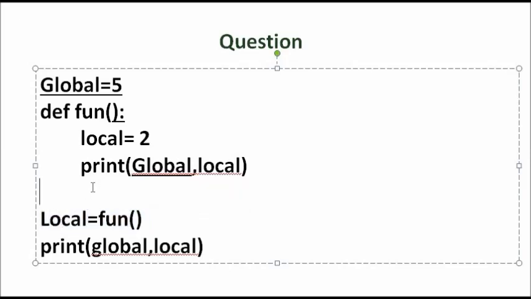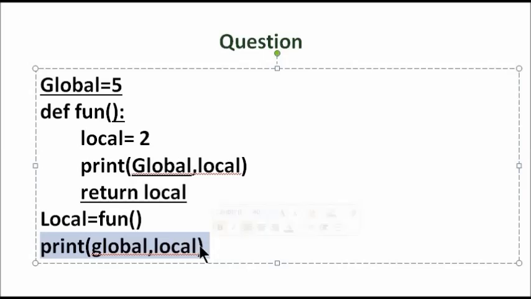So in the function body we have to give a return statement: return local. The value returned by this function is stored in variable local when the function fun is called. Okay. Underline this correction.